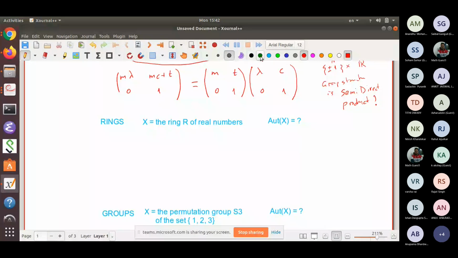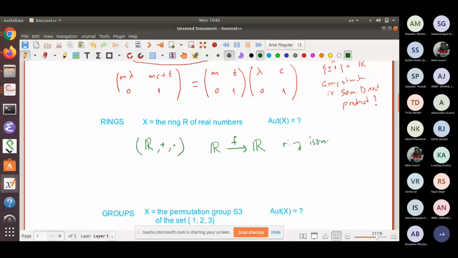Here's my next example, which I had given as an exercise. I take the category of rings, and now my ring is R with the usual addition and multiplication. So what are the self isomorphisms R to R? Ring isomorphisms. Identity, right?